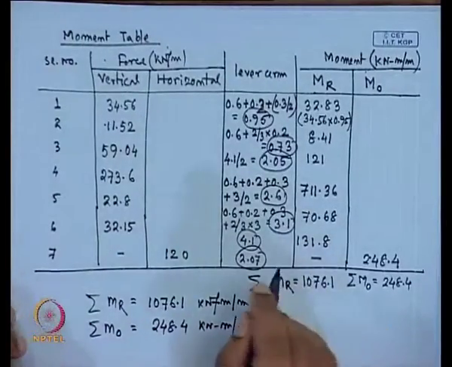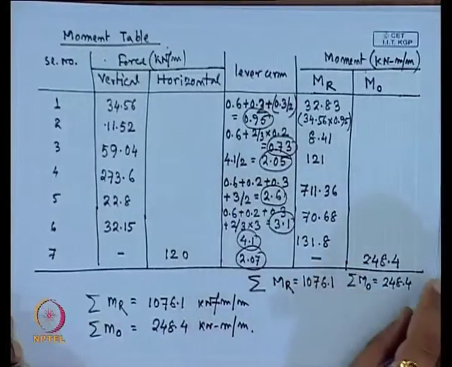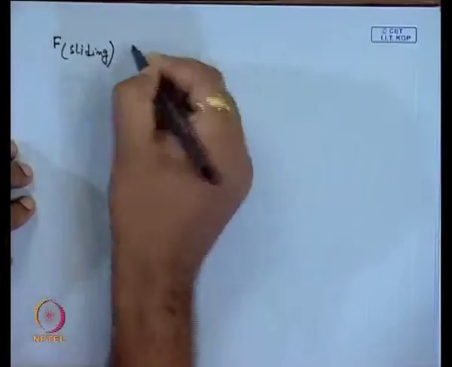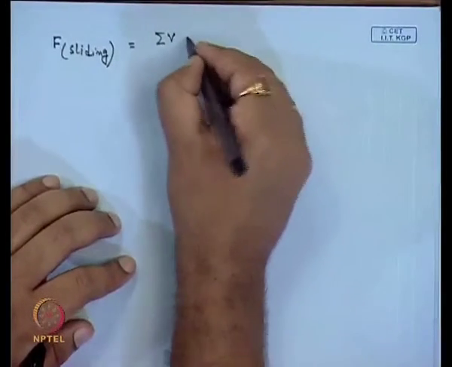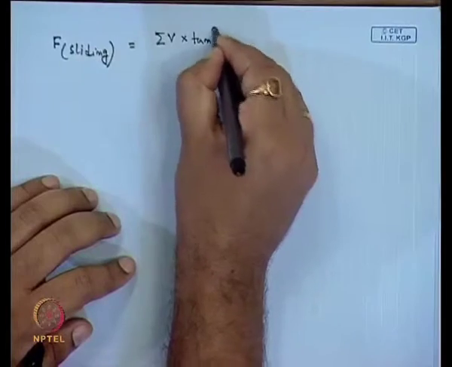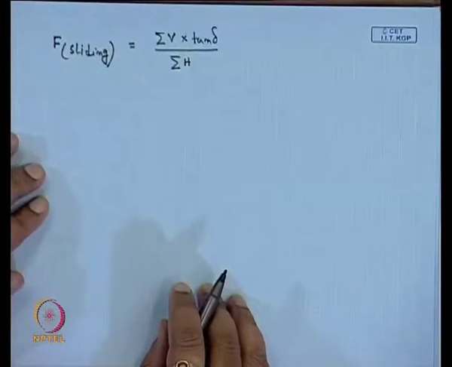Now, we have completed the force table and the moment table, then we will check the factor of safety for different conditions. The first factor of safety that we will check is for sliding. The expression is total vertical force into tan delta divided by all horizontal force.